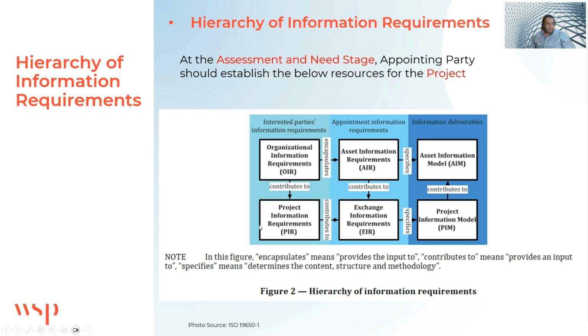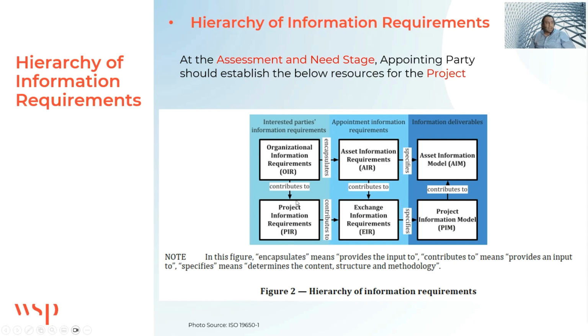While the other type of information requirements that's developed based on the OIR is the project information requirements, and this is more concerned about the delivery part of the project, from design through construction. So at handover stage, we expect the appointed parties to comply with both the AIR and the project information requirements.